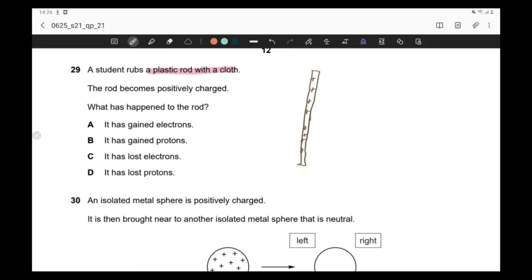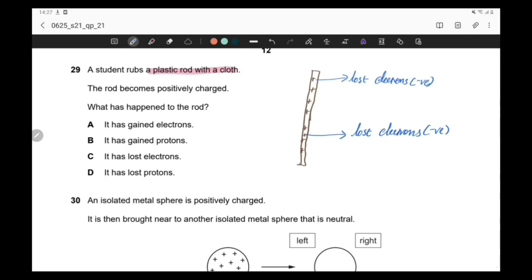So as this rod has become positively charged, it must have lost some electrons, or negatively charged particles, that is electrons. Because of this loss of electrons from the rod, definitely the rod will become positively charged. So this is what happens.